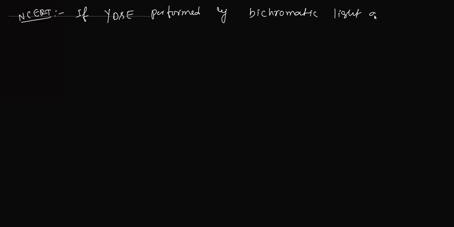The question they're asking is: if YDSE, Young's double slit experiment, is performed by bichromatic light of violet 400 nanometers and blue 500 nanometers, two colors.